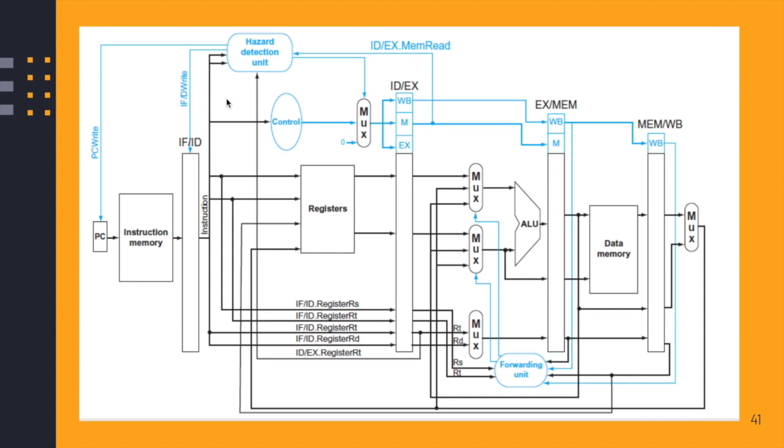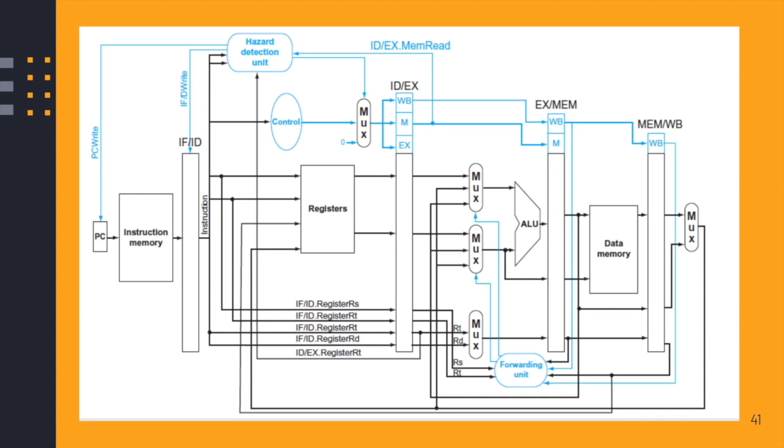So I'm checking whether the rs of n plus 1 is equal to the rt of n, and whether the rt of n plus 1 is equal to the rt of n or not. Okay. Also we have as an input the id/ex mem read control signal. So I'm checking that instruction n has the mem read signal equal to 1, meaning it will read data from the data memory, indicating it is a load instruction.